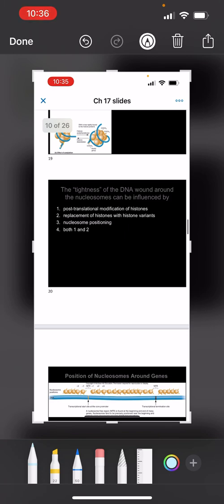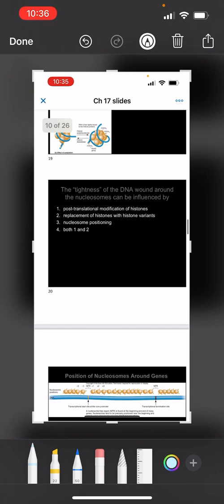All right, is the position of the nucleosome going to actually affect how tightly the DNA is wound on the nucleosome? Isn't the position of the nucleosome just moving the beads on the string? It's not changing the tightness, right? Just moving the beads. The tightness is affected by whether or not your histones are, say, acetylated, or whether or not you've replaced H3 with H3.3.